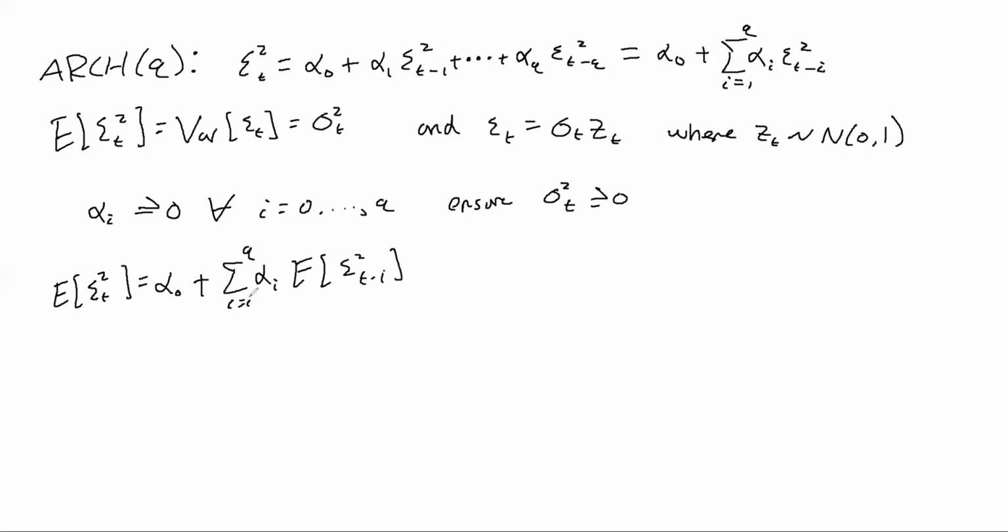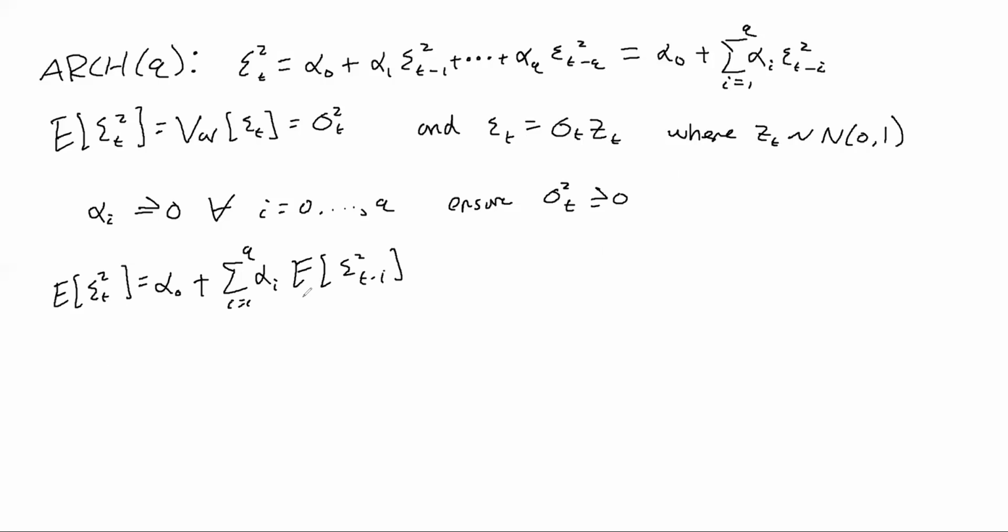So we can factor out that coefficient. So assuming that this is stationary, and also assuming that the error term and z, the epsilon and z, are independent, then we can solve for the long-term variance.